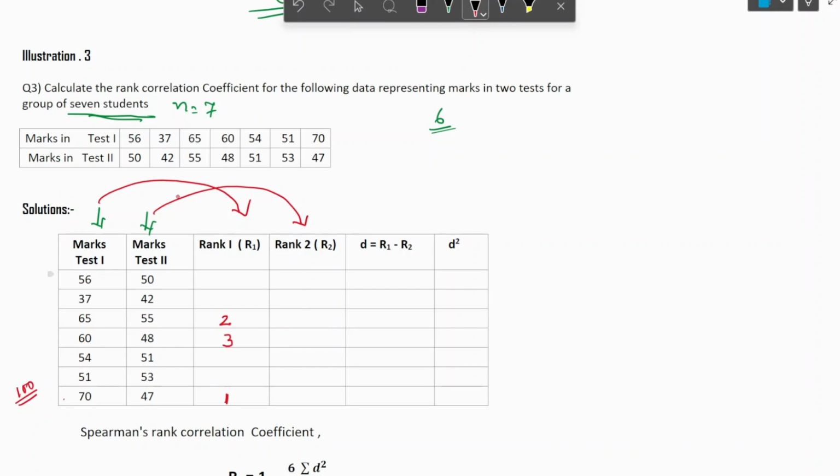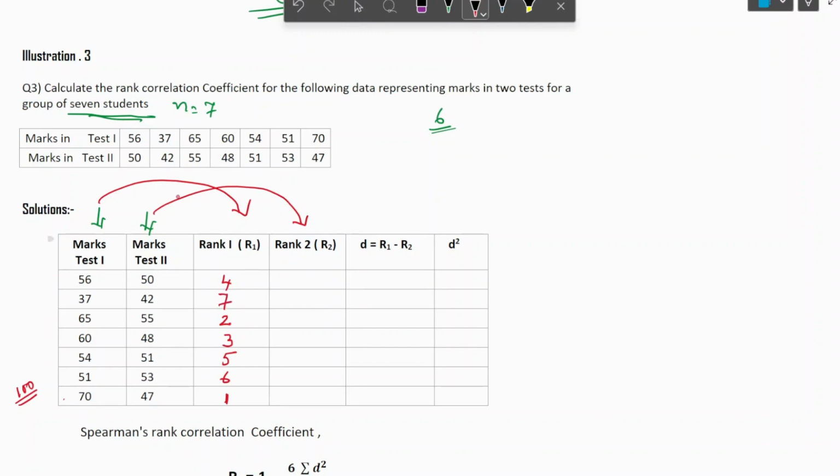Now fourth rank, that is 56, right? Next 54, after fourth rank, it is fifth rank. Then here, that is 51, that is sixth rank. Last, who got the lowest? That is seventh one, that is 37.